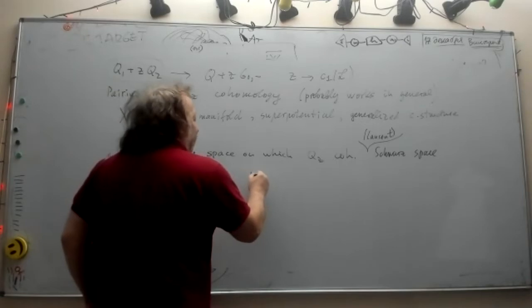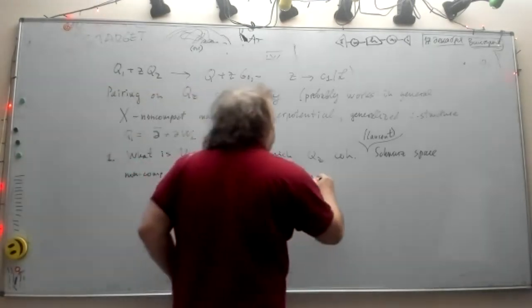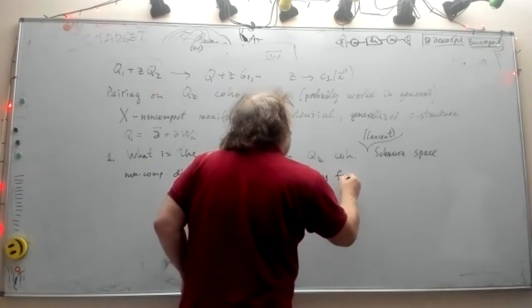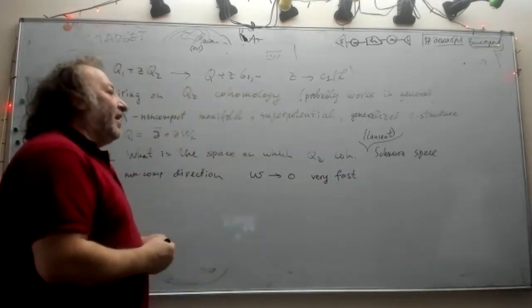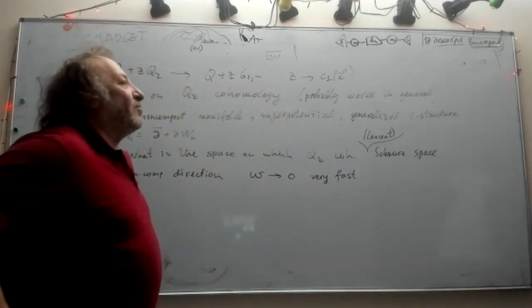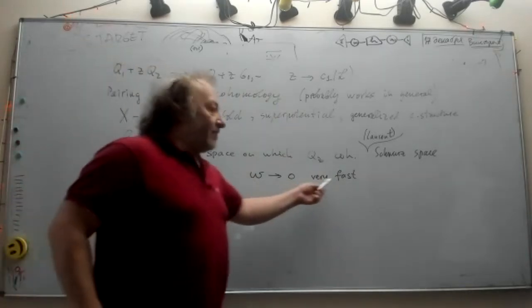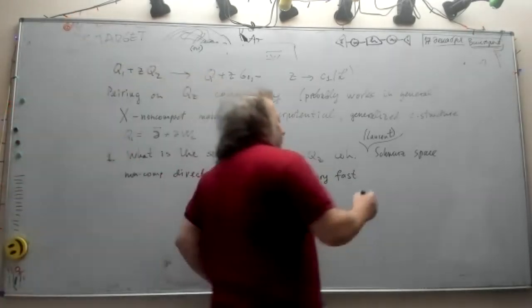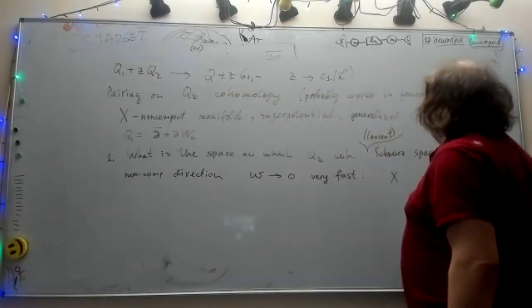And the differential form goes to zero very fast in this direction. So you may ask, what does it mean to go very fast? So suppose that we have this x.